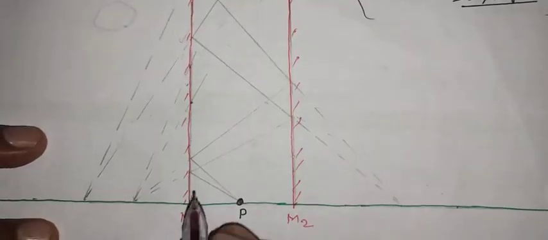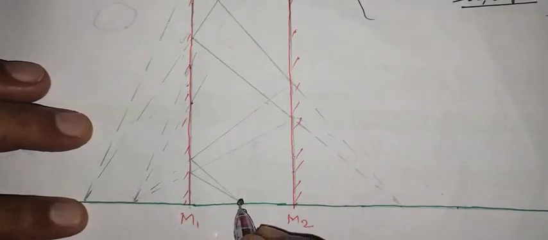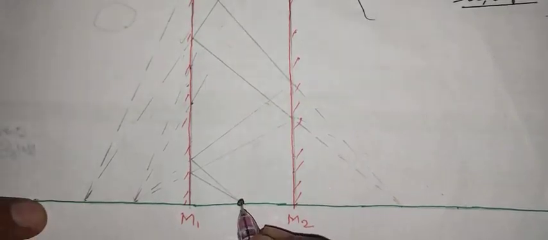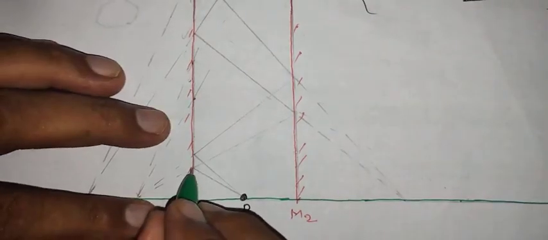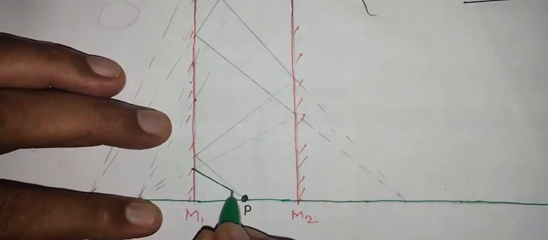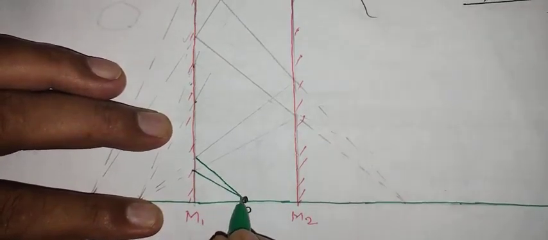To understand this, see this explanation very carefully. We have taken the point object P as a midpoint of this. Let us see how the ray diagram is formed. From here we have taken two rays.